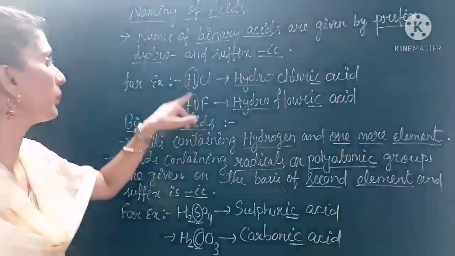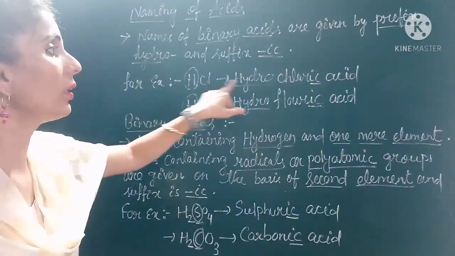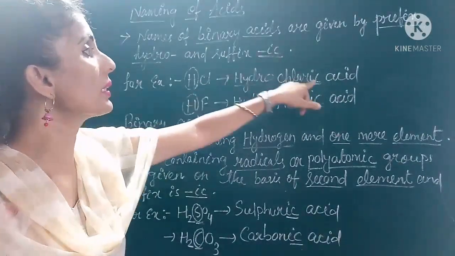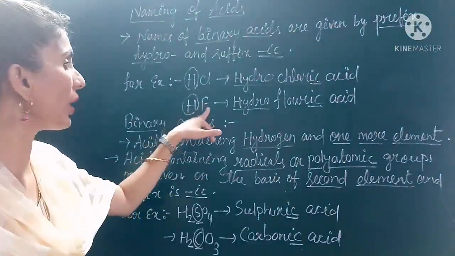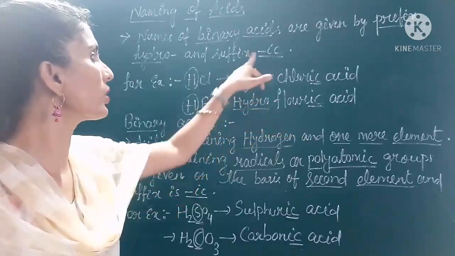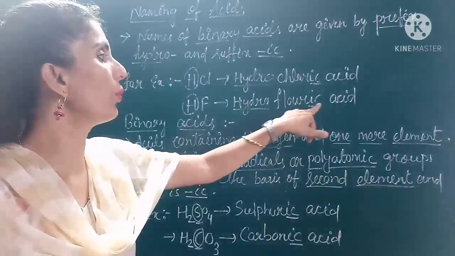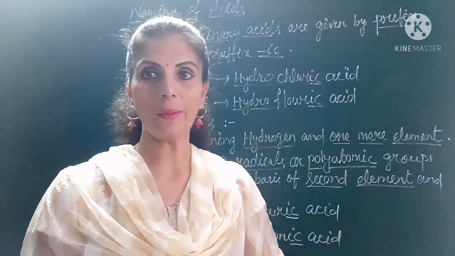Now see again. H means hydro, as I have underlined. Chlorine means chloro. Ic means ic, chlorine and acid. Like this, HF. H means hydro. F means fluoro. Then the suffix is ic. It will become hydrofluoric acid.